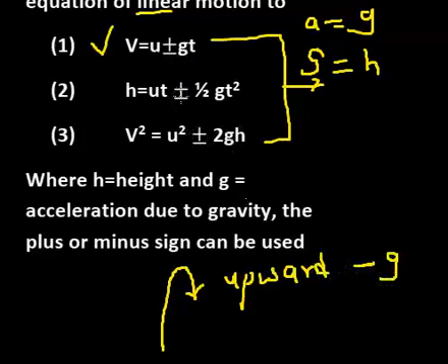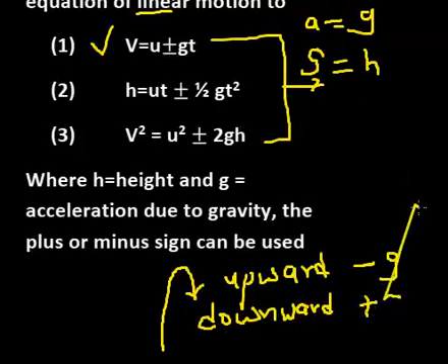That's why you use minus. Then for downward, that object is going with gravity because gravity is downward. G is positive. So that is as simple as that.